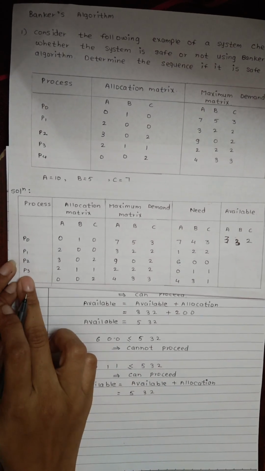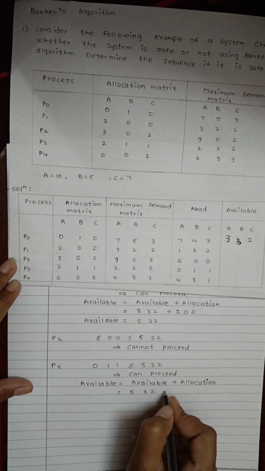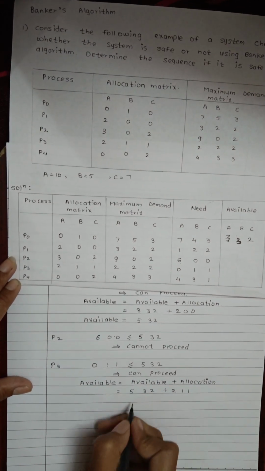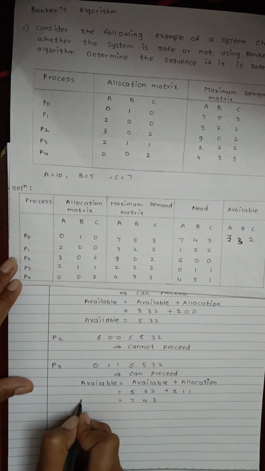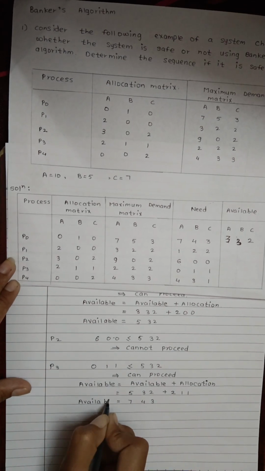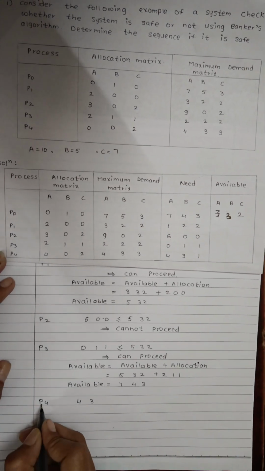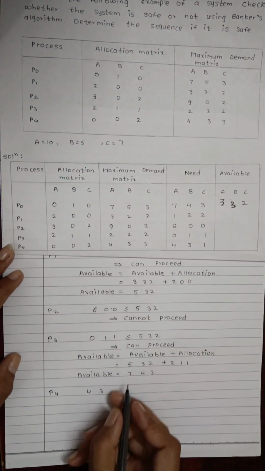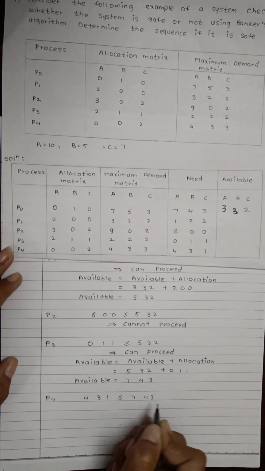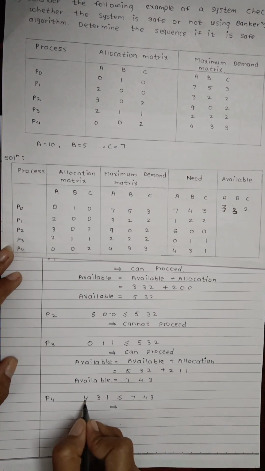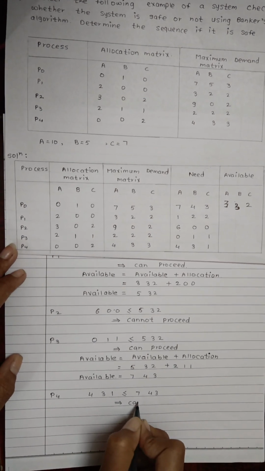For process P3, the allocation matrix is 2 1 1. Add 5 3 2 plus 2 1 1. So available is 7 4 3. This is the updated available. For process P4, the need matrix is 4 3 1, less than or equal to available 7 4 3. 4 3 1 is less than or equal to 7 4 3. The condition is satisfied, so we can proceed.